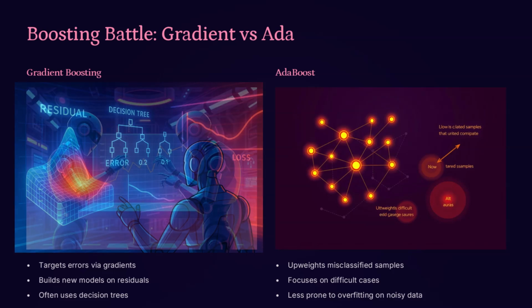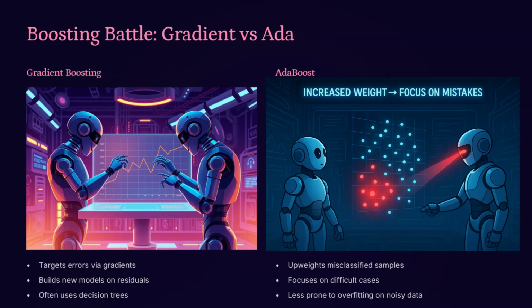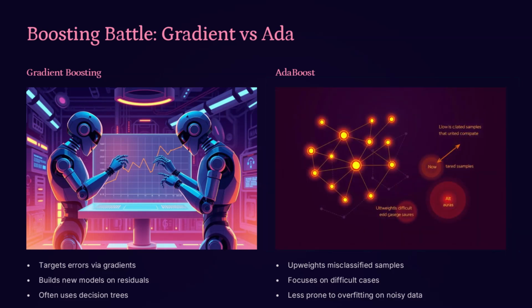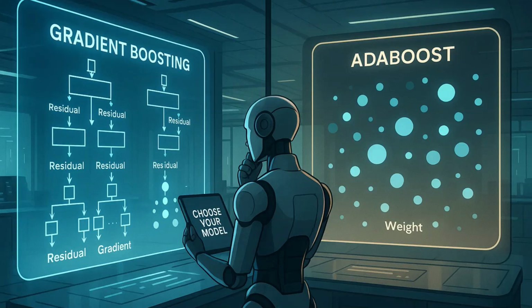On the other side, AdaBoost increases the weight of misclassified samples, forcing the next model to pay more attention to those difficult cases. AdaBoost is generally less prone to overfitting noisy data, but gradient boosting offers more flexibility and customization. In the end, both have their strengths, and the best choice often depends on the problem you're solving.